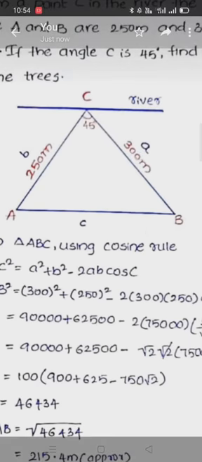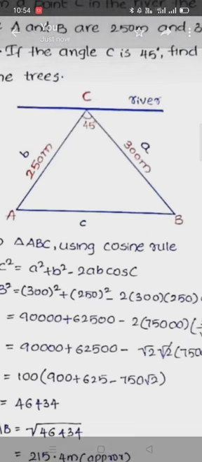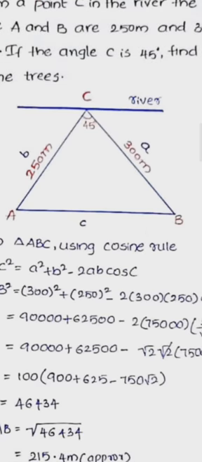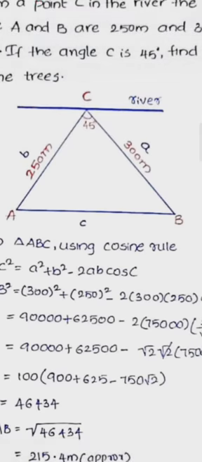Here we have a triangle ABC, where AB bar is the distance between the trees, which we have to find. And angle ACB is given as 45 degrees.